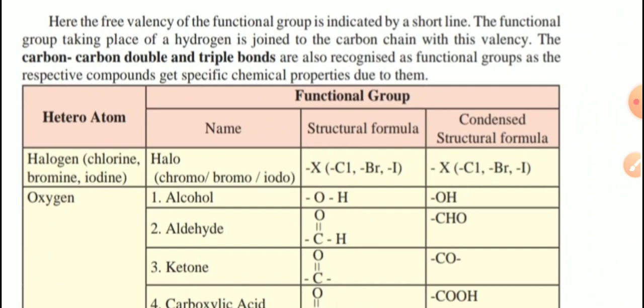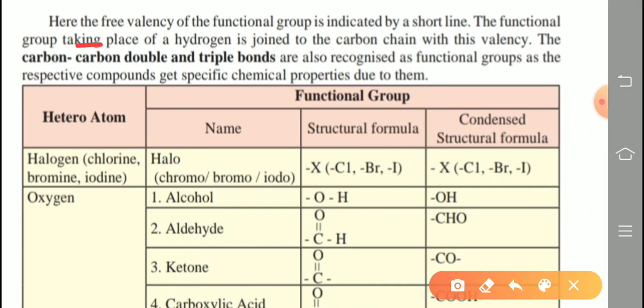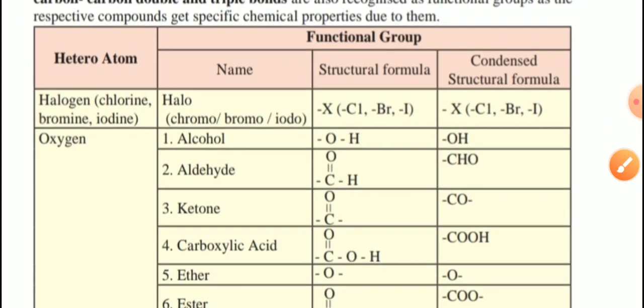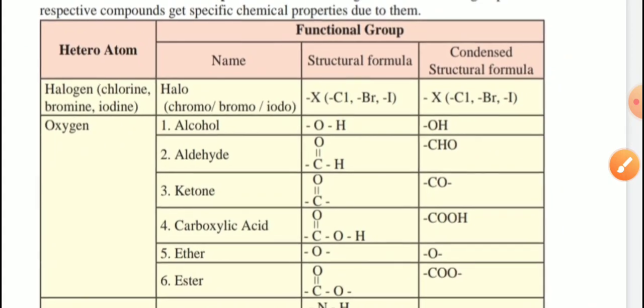The functional group taking the place of a hydrogen is joined to the carbon chain with this valency. The carbon-carbon double and triple bonds are also recognized as functional groups, as the respective compounds get specific chemical properties due to them.